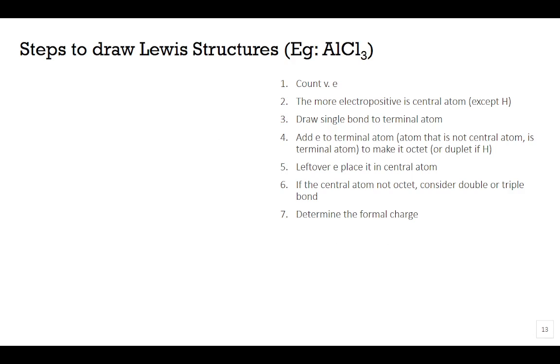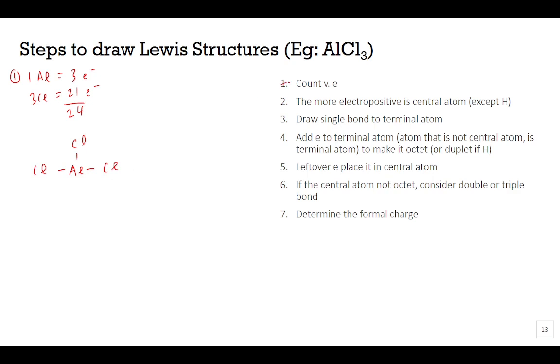Okay, AlCl3. The same thing. Number one, count the valence electrons. 1 Al, 3 electrons; 3 Cl, 7 electrons each, so 24. Al is the central atom, and Cl is terminal.